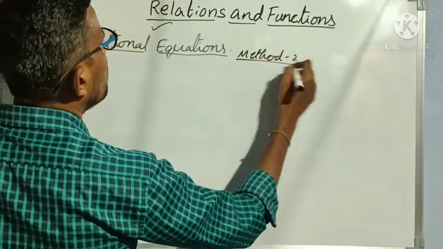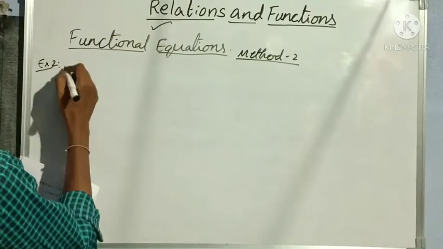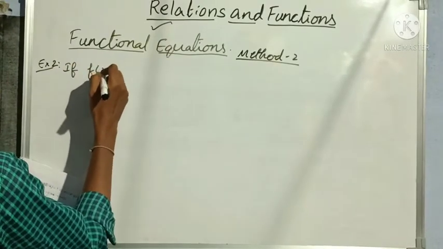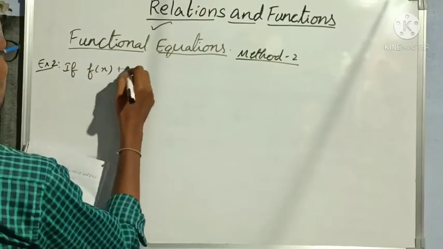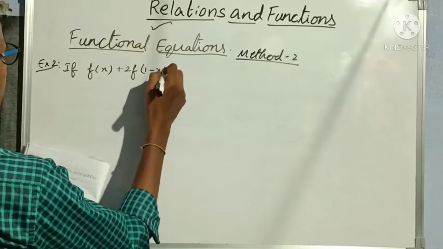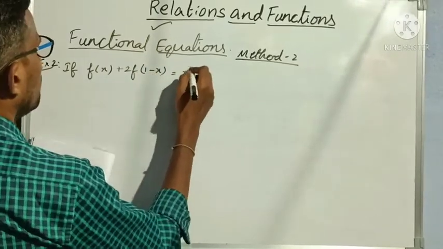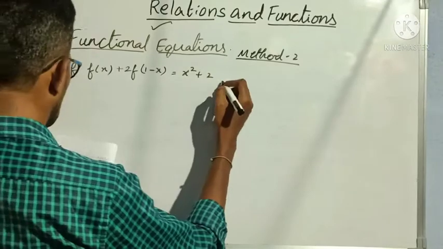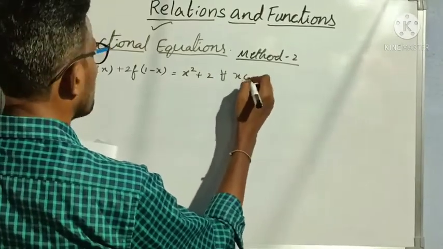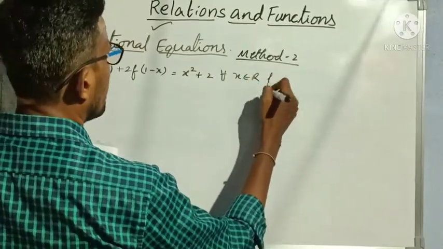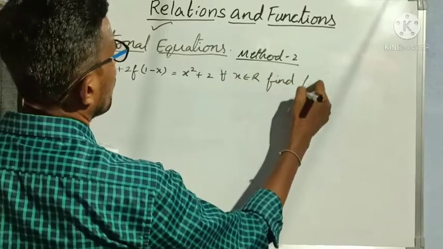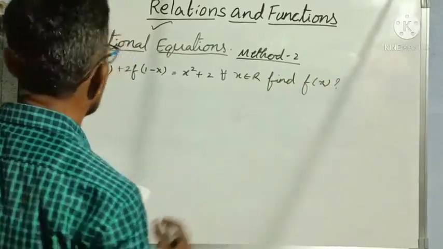For method 2 we are doing example 2. If f(x) plus 2 into f(1 minus x) is equal to x square plus 2, for all x belongs to R, find f(x). This is our second example.